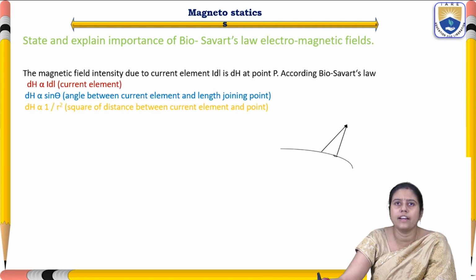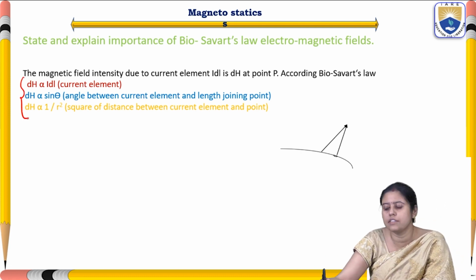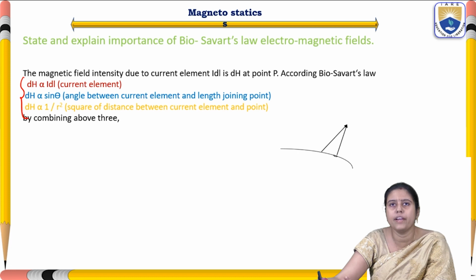And dH is inversely proportional to 1 by r square. Combining these three, we can write dH is directly proportional to I dl sin theta by r square.